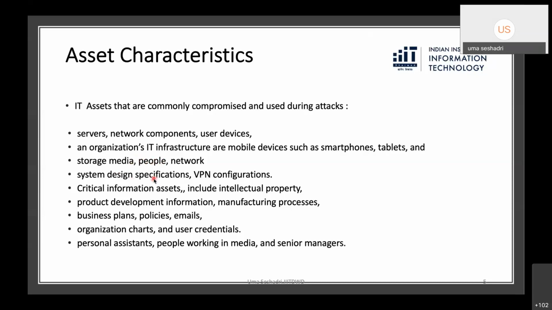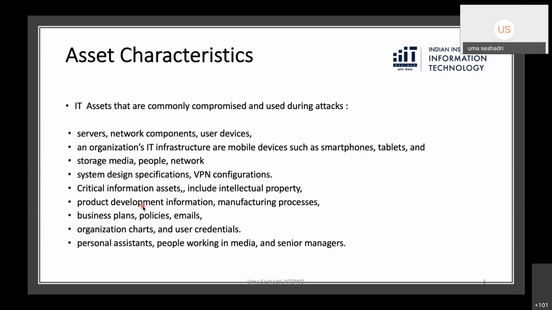And various design specifications, VPN configuration, critical information assets like intellectual property information, or the financial information related to budget, related to various proposals. Many documents are very important for the organization. So all these are part of assets or intellectual property. Product development.